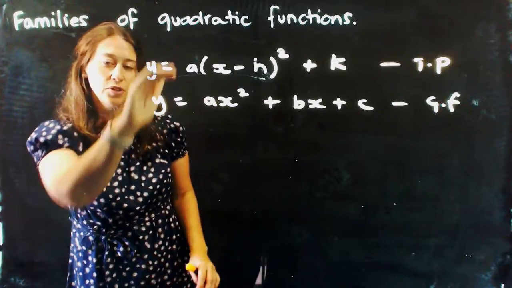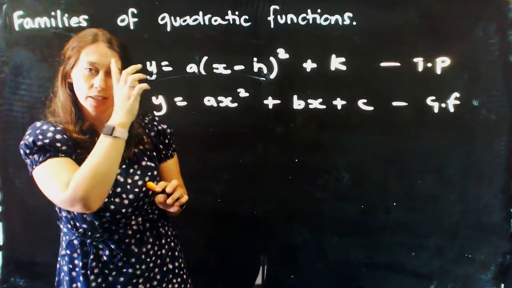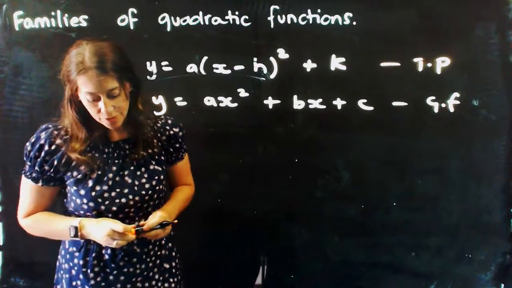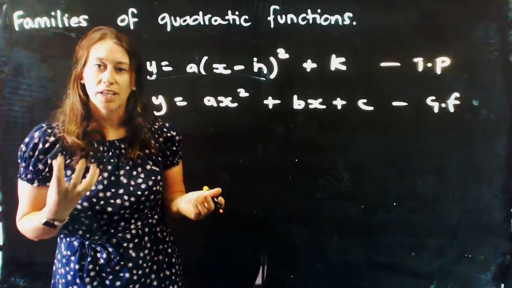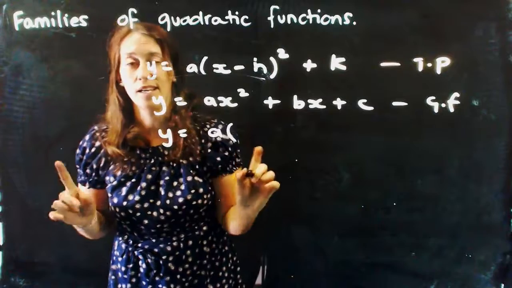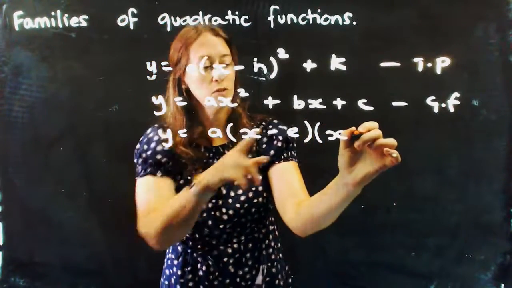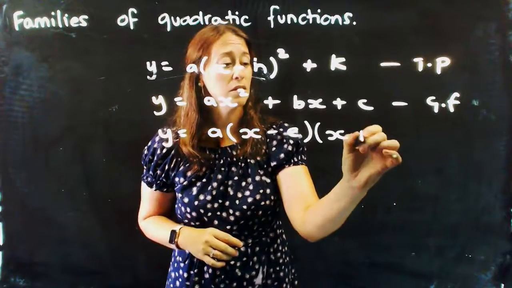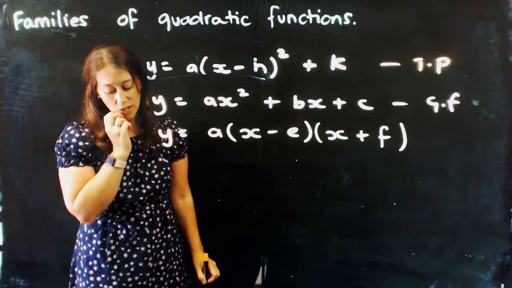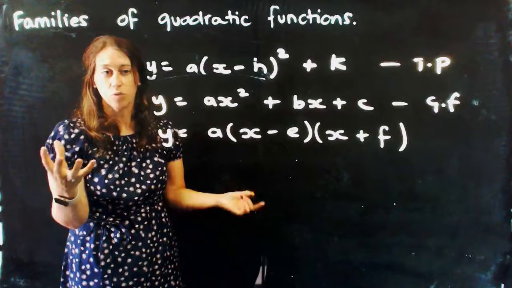Now, apart from these two quadratics that we're familiar with, the one thing we haven't written down is one where it looks like it's factorised, but it has a dilation factor. I'm just going to use E and F for this general form, and of course E could be plus or minus, same with F. This is also a general form, and it can be used to find the two x-intercepts and a coordinate.